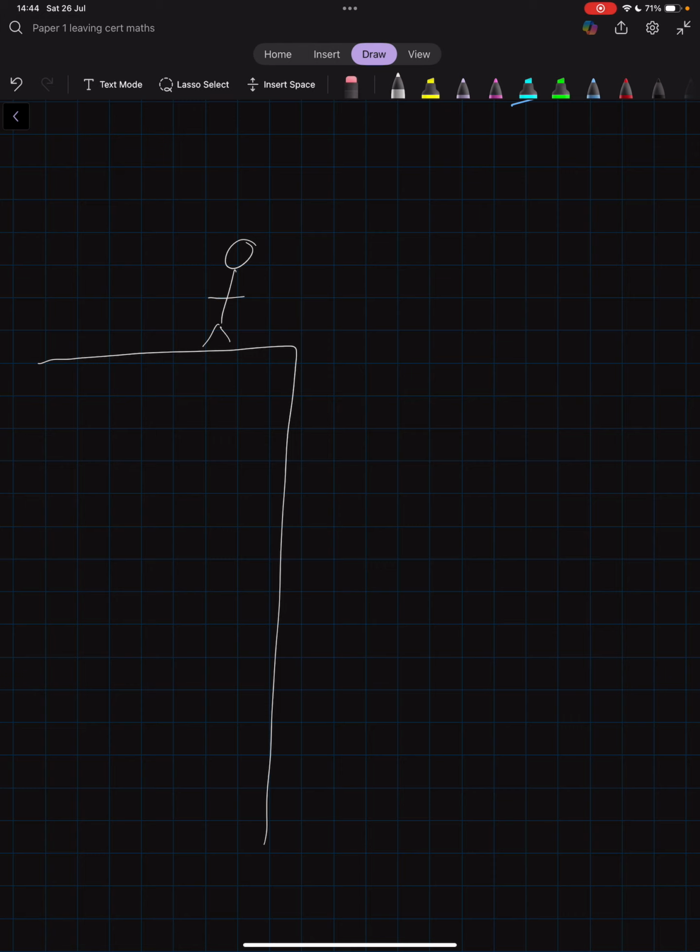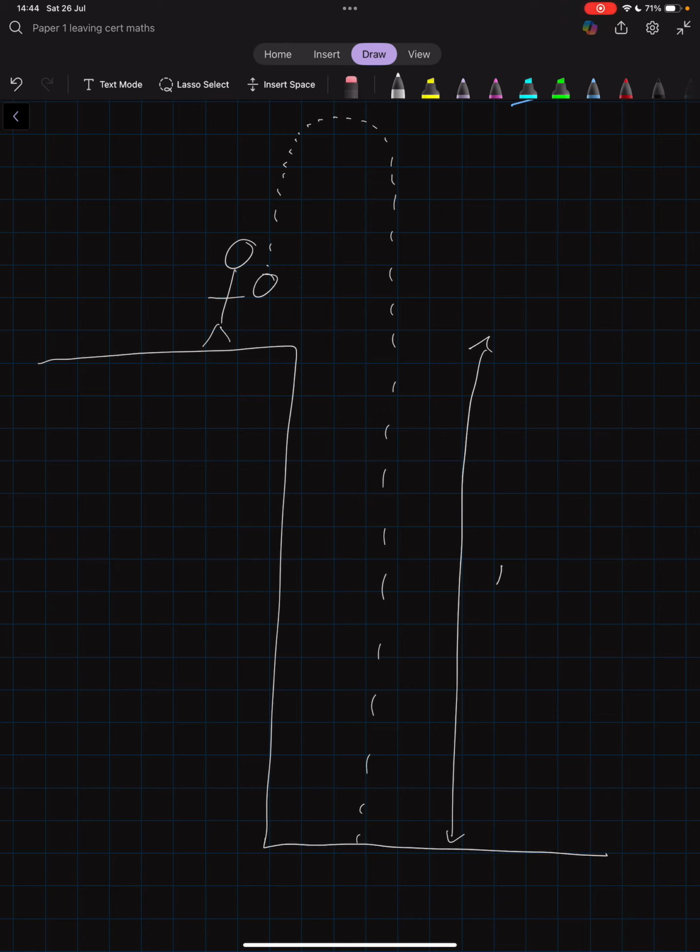The ball is thrown upwards, it hits a height, and then it falls down. And this height here is 144 meters. It says that it is thrown upward with a speed of 16 meters per second.